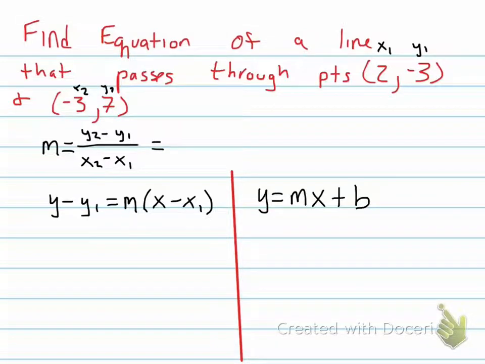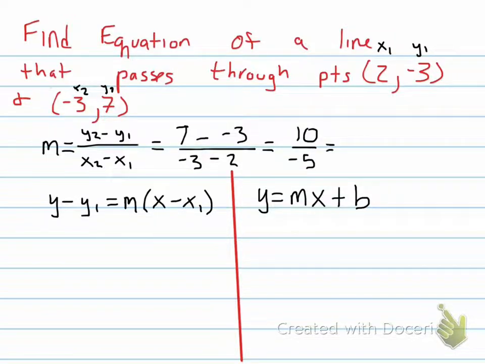So this will equal 7 minus negative 3, keep your sign, over negative 3 minus 2. 7 minus negative 3 is 10. Negative 3 minus 2 is -5. So my slope is going to reduce to -2. That's my slope.